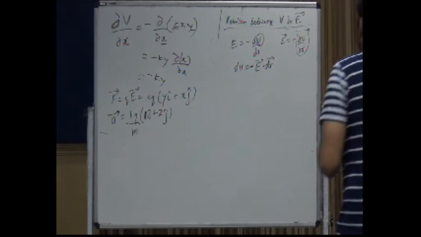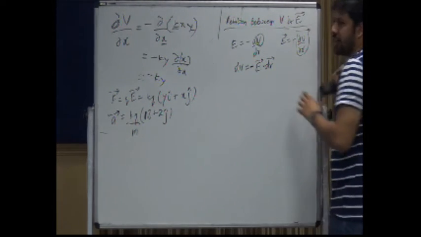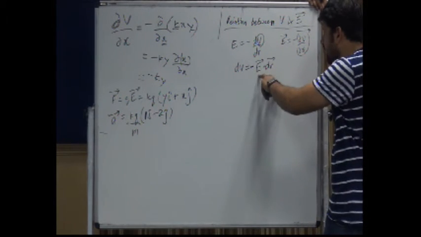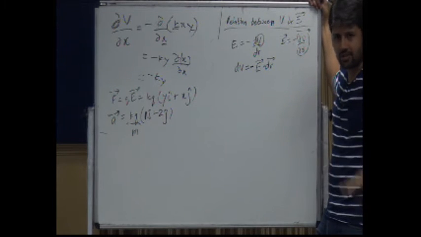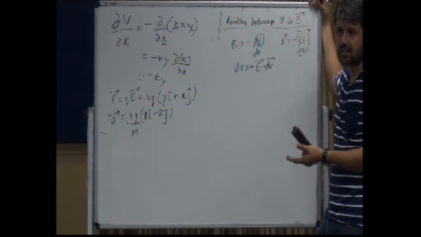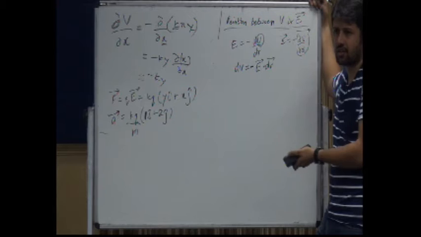Now if we multiply these two quantities, E is a vector and dr is another vector. You can do it in two ways, you do remember, right? And potential is a scalar, so we opt for the dot product.